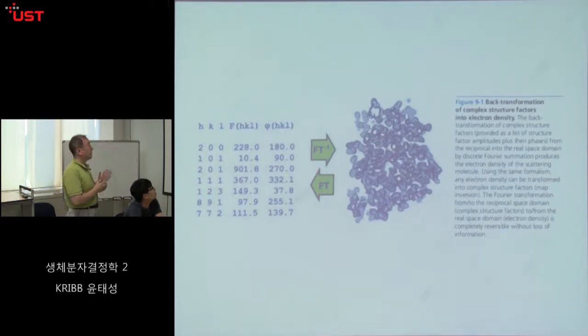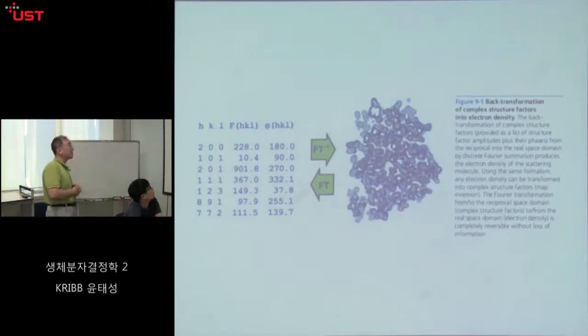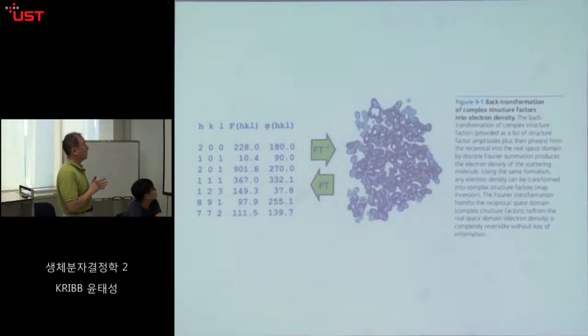Also, what's on the left side? Diffraction data. Yes, simply diffraction data in terms of HKL indices as coordinates and structure factor magnitude F(HKL) at each coordinate in reciprocal space, coupled with the phase angle at those indices.